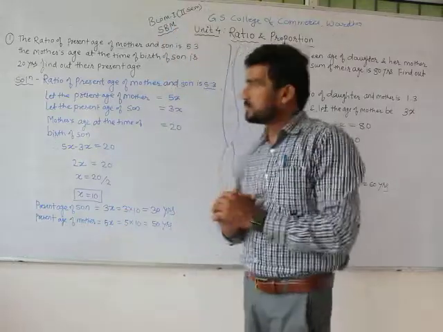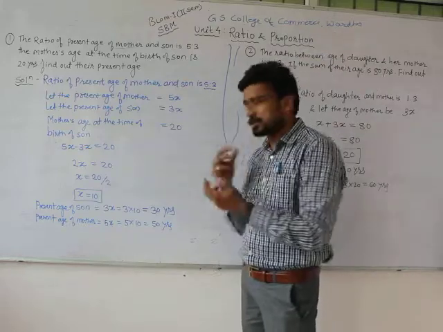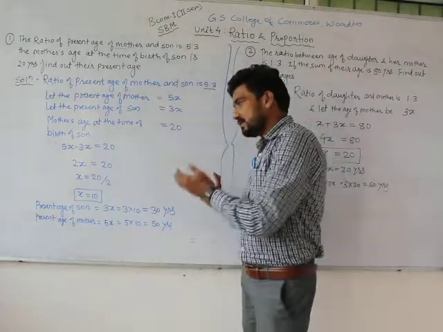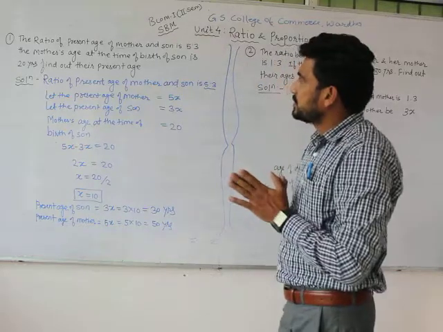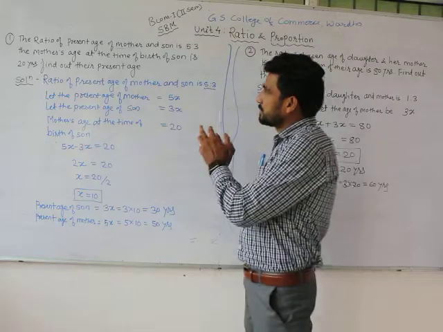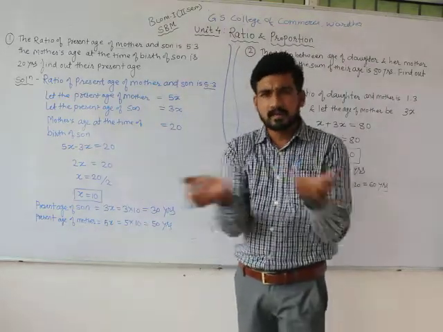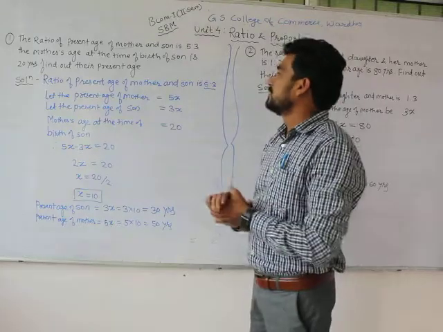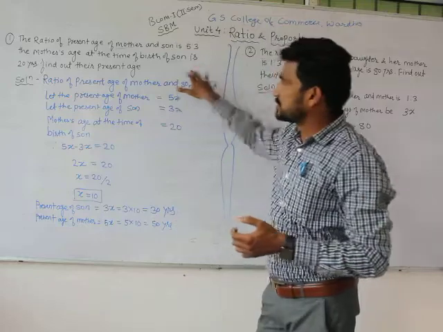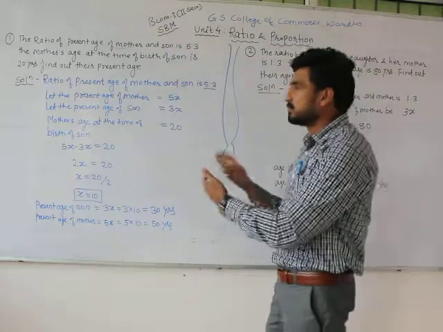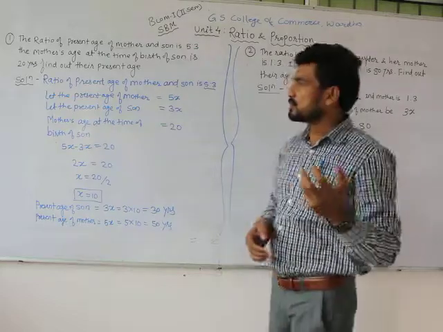The problem tells us that we have to find out the age of the son and his mother. The ratio of their present age is 5:3, the present age of mother and son. The mother's age at the time of birth of the son, at that time, was 20 years.